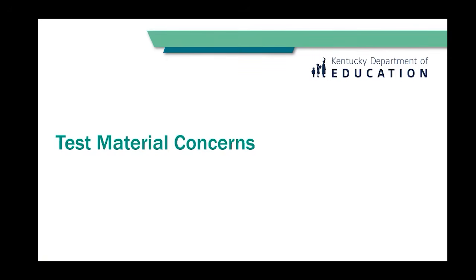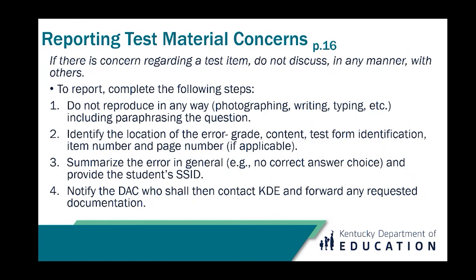At times, there may be concerns about errors or appropriateness in content or answer choices in test material. What does the regulation say about reporting test material concerns? If you have a concern regarding an error, content, appropriateness of an item, etc., do not discuss in any manner with others.